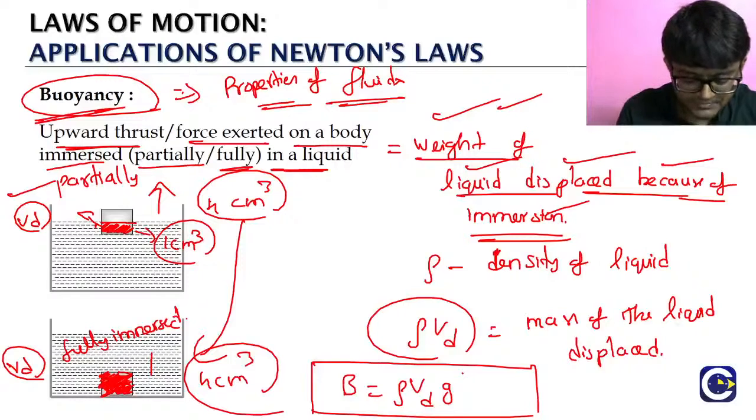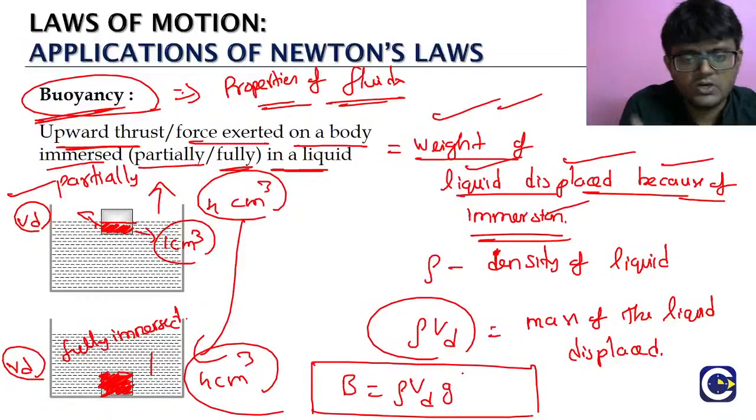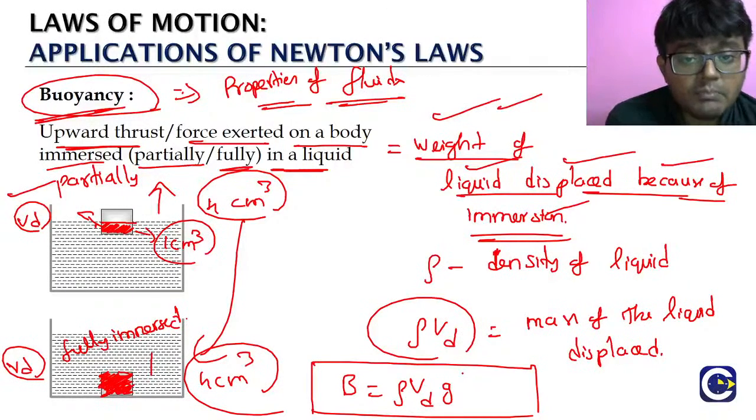Okay? For that we can do one small derivation. We will do it in the next session. If you are not able to get the answer, we can derive it and show how the buoyancy force will be equal to the weight of the liquid displaced.